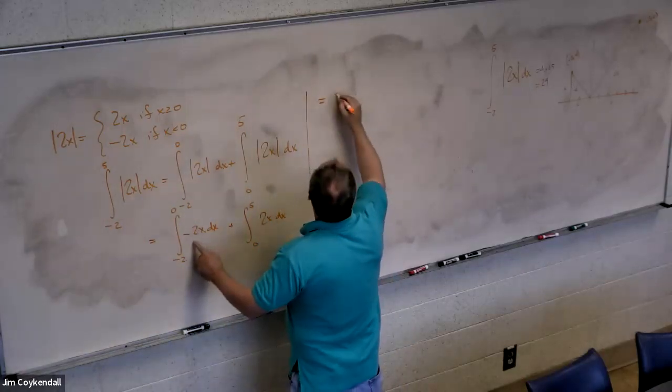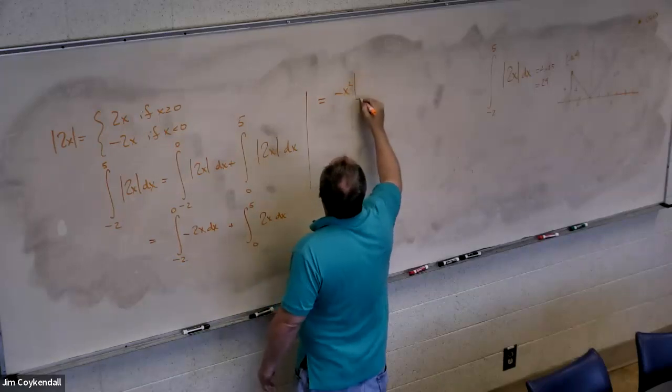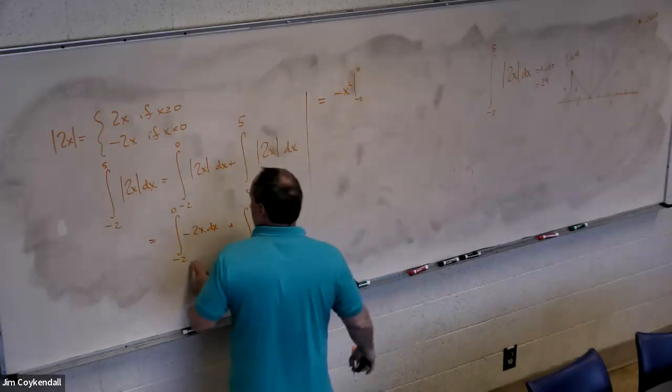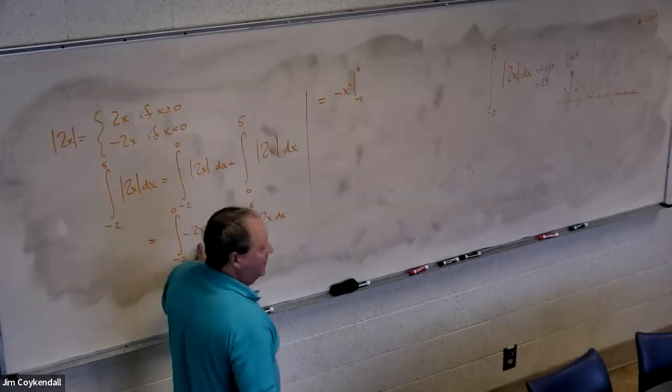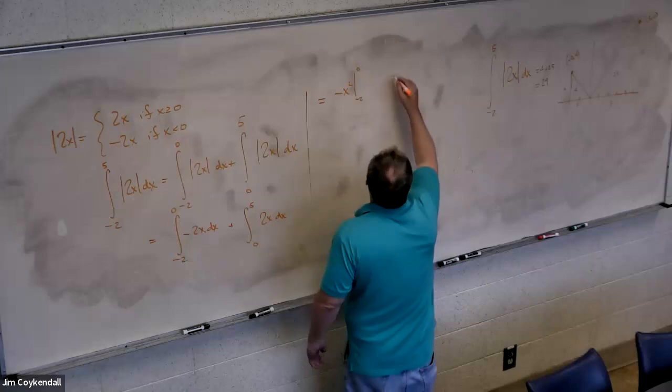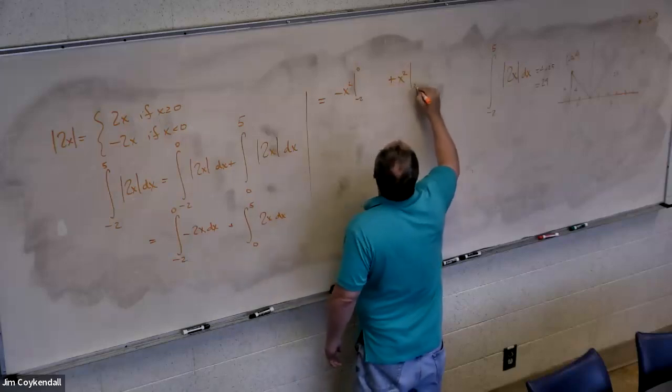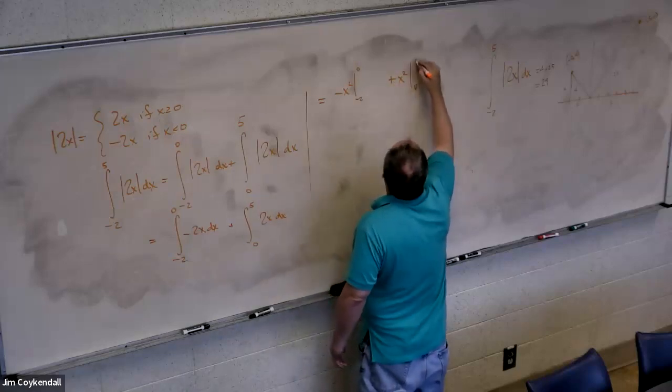This one is negative x squared, evaluated from negative 2 to 0, since the antiderivative of negative 2x is negative x squared. And this one is x squared, evaluated from 0 to 5.